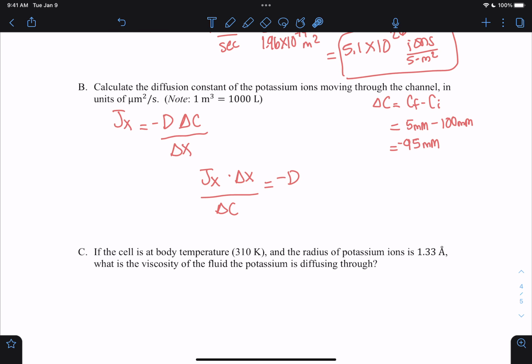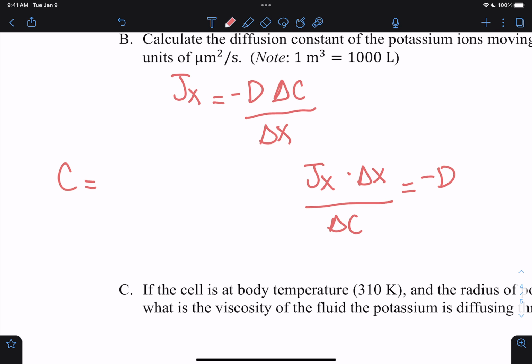But for this specific equation, when we're looking at delta C, or just C in general, C should have a unit of ions per meter cubed, or moles per meter cubed, right?